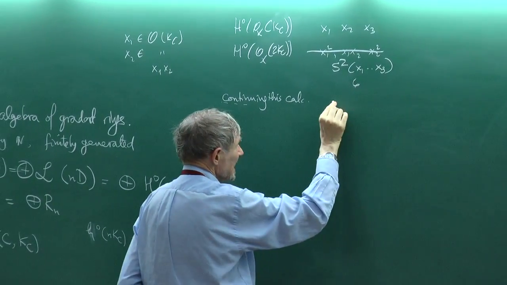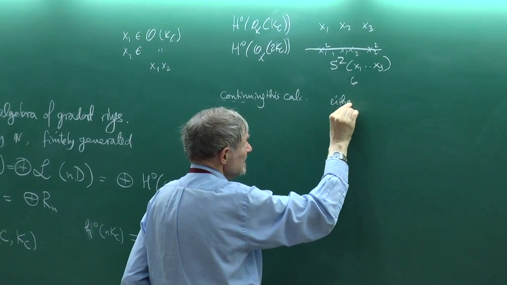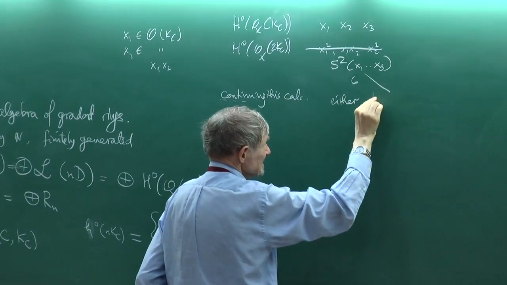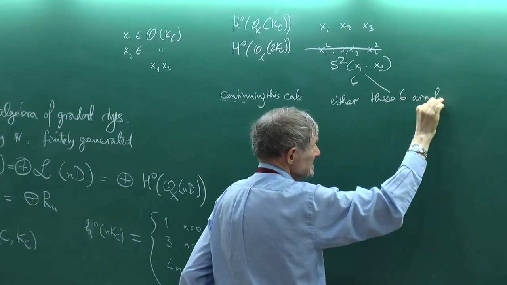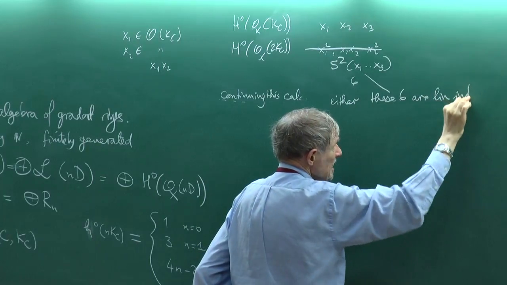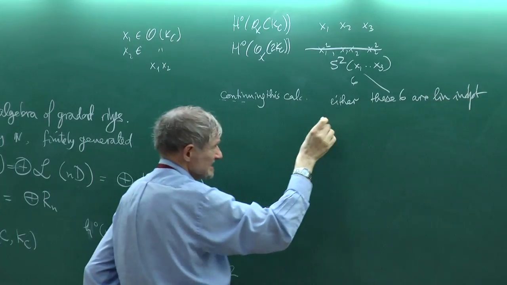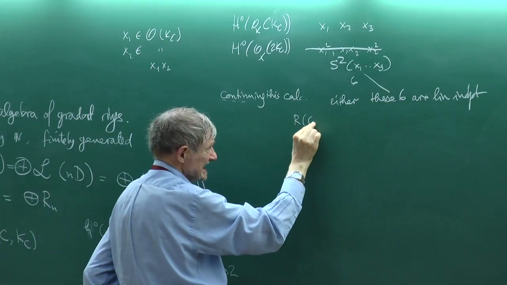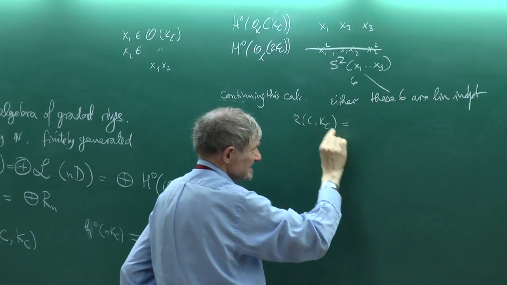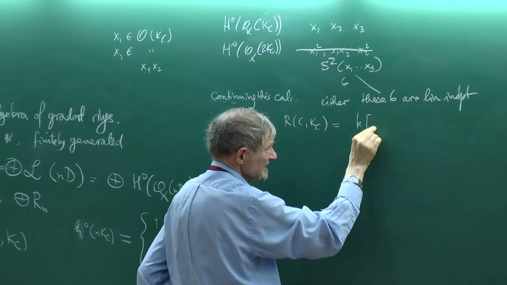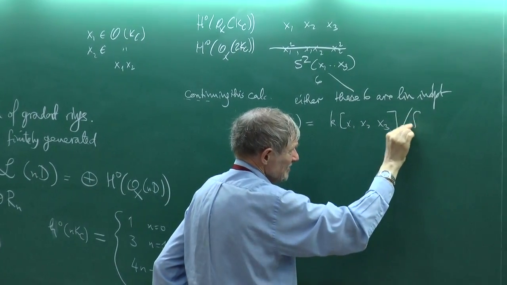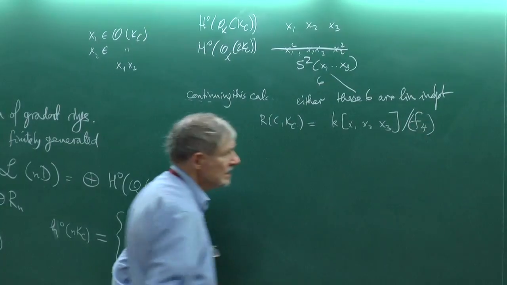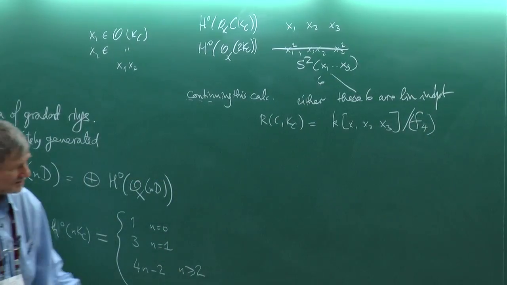You see that either these 6 are linearly independent, and in that case, the ring of C and K_C is K[x1, x2, x3] divided by F4, right, divided by a quartic equation.